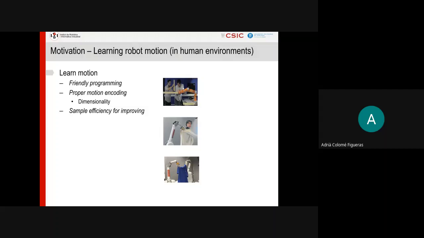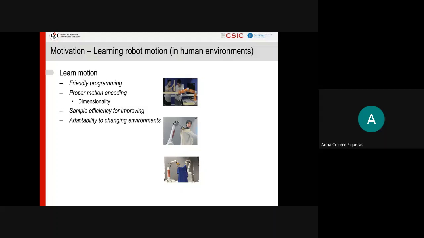In some cases, we can actually simulate part of the learning, learn in simulation, and then transfer this knowledge to the real robot, which will adapt this prior knowledge from simulation to the real case scenario. But we cannot always rely on these situations. And of course, the environmental circumstances change.